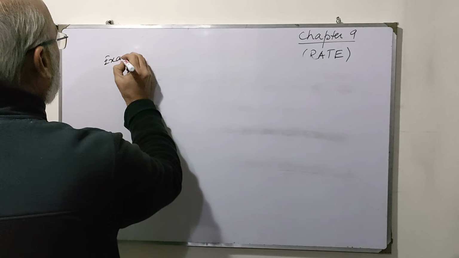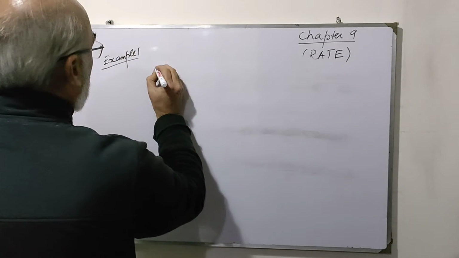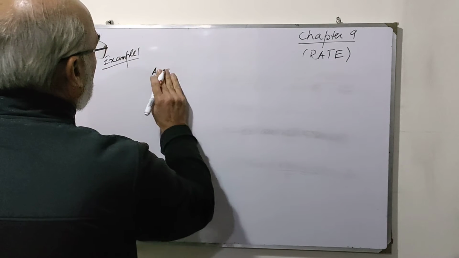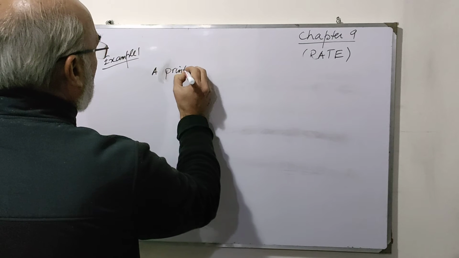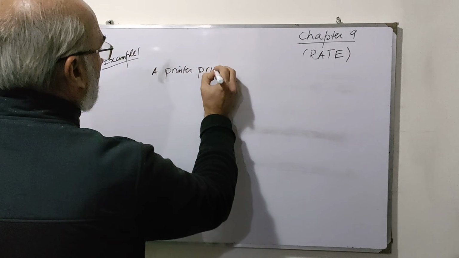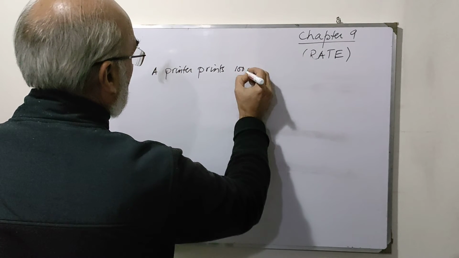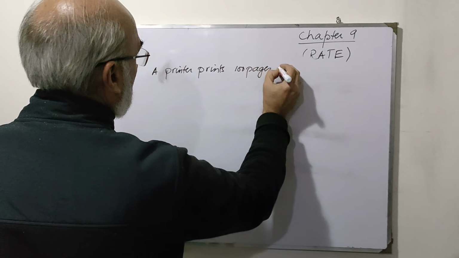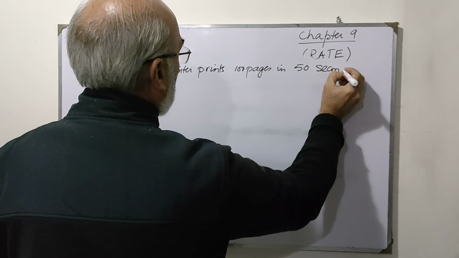Example 1. A printer prints 100 pages in 50 seconds.